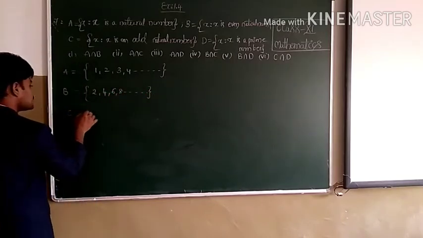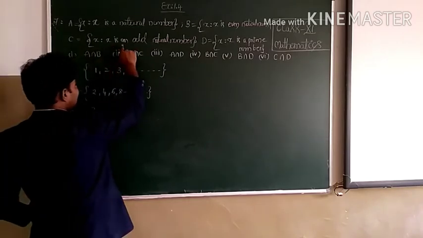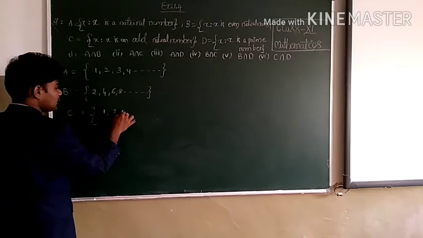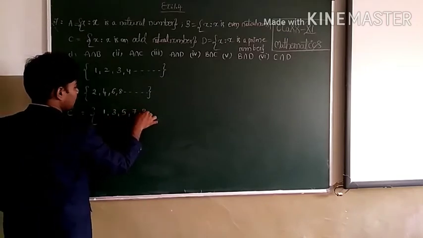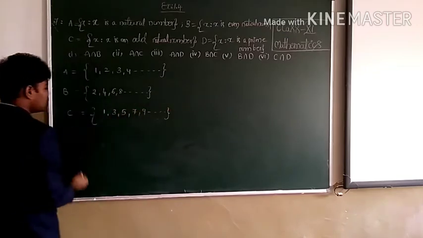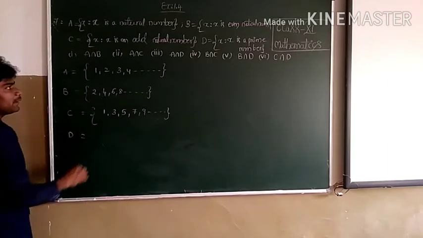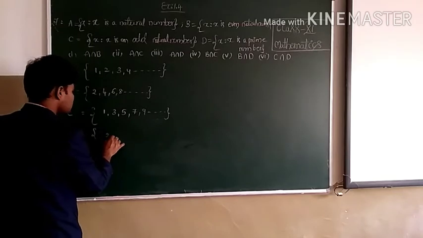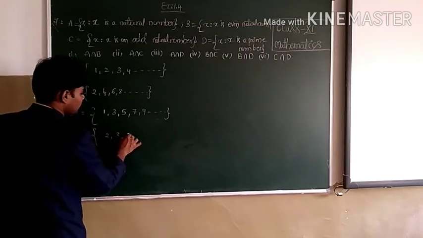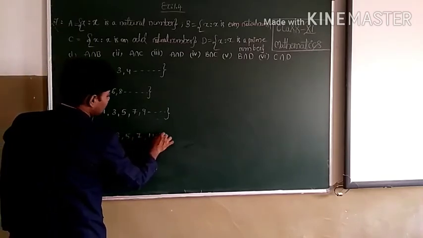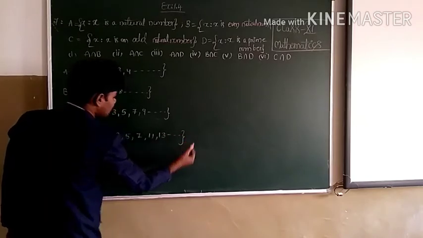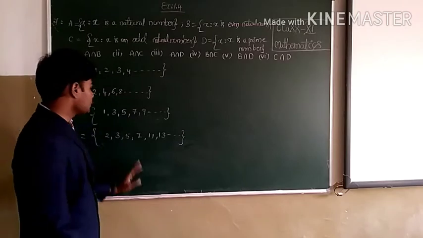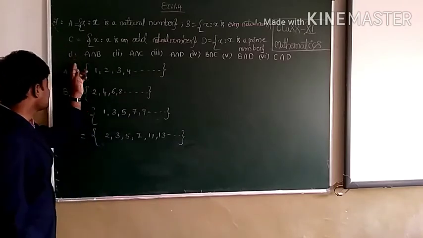Next, C is x such that x is an odd natural number: 1, 3, 5, 7, 9 and so on. Next, D is x such that x is a prime number. Prime numbers start from 2, 3, 5, 7, 11, 13 and so on. Clear? These are the roster forms of the given set builder forms. Now let's see the problems in the 7th one.